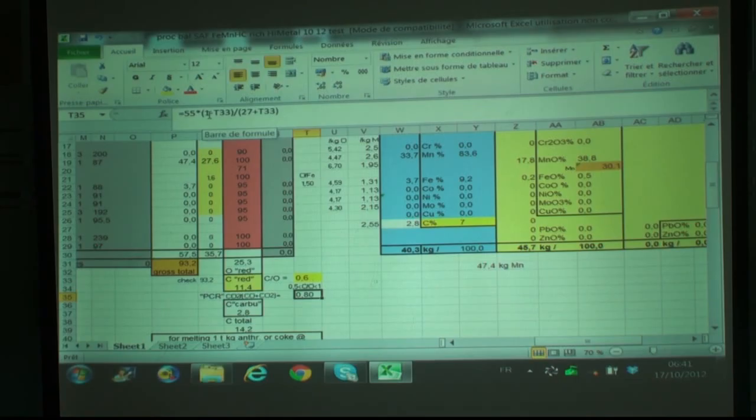That's the first reason. It's the height of the ore layer.